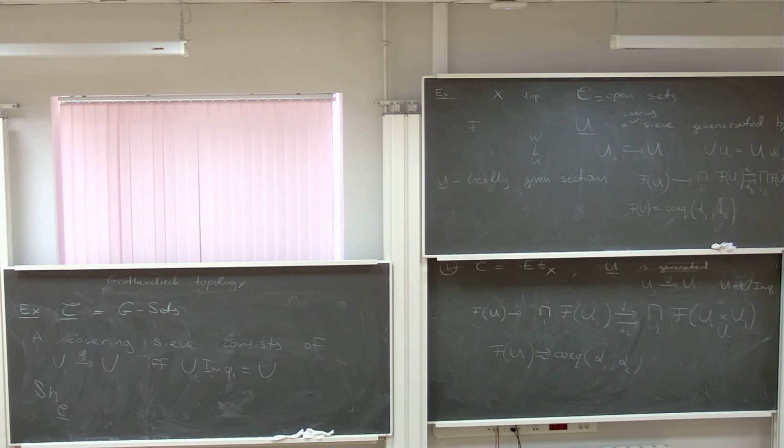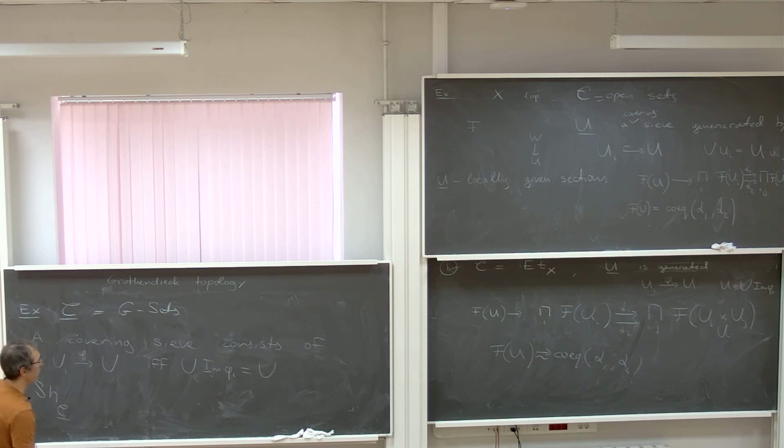Well, it suffices to give the value of a sheaf on transitive G-sets, on orbits, right? Why? Because if you have a disjoint union of objects, then the sheaf condition should amount to saying that sections of a sheaf on a disjoint union is a product. Yeah, that would be reasonable.